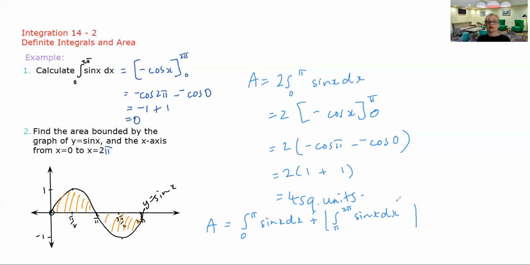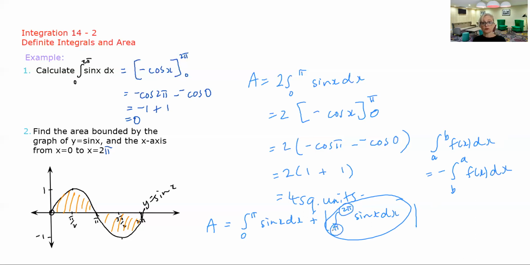Or you could even say, well, I know that's going to be negative, so I'm going to swap my pi and my 2 pi. Remember, from A to B is negative from B to A. So if you know it's going to be negative and you want to turn it into a positive, you could just swap those values there.